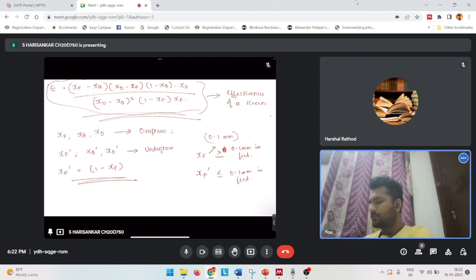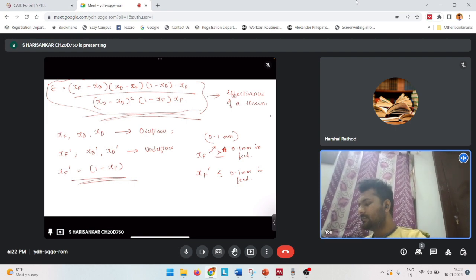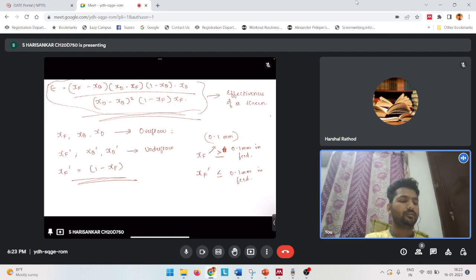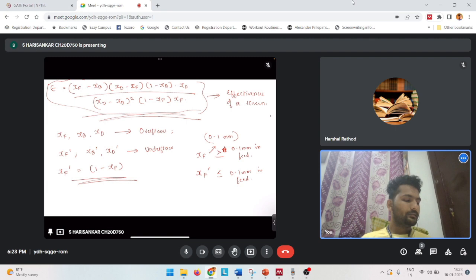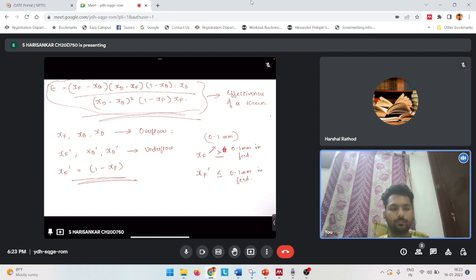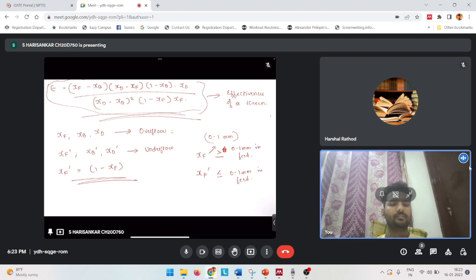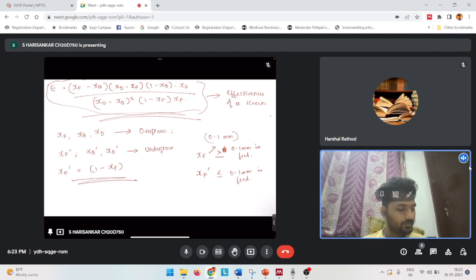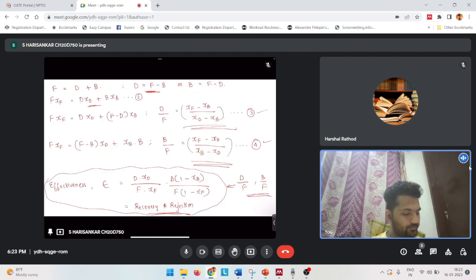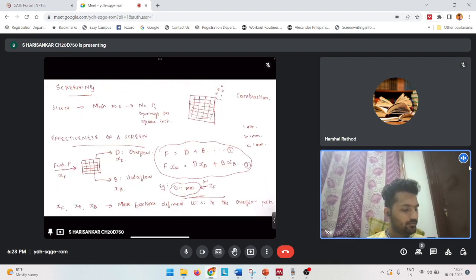So we were defining these mass fractions. As I said, xF, when you define it based on the overflow, means the particles that are greater than that size. Last page I said it's less than this size, but it's actually greater than 0.1 mm, so this will be overflow.